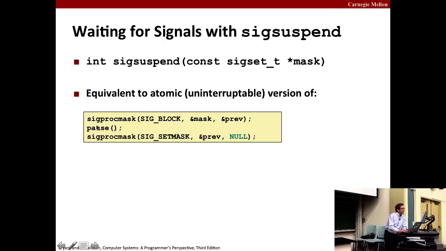They're always executed together. So we block these signals, and then we execute the pause. So there's no chance of a signal interrupting this program in between the sigprocmask and the pause. And then when a signal does come in and the execution of the handler causes pause to exit, then we set the mask back to what it was before.